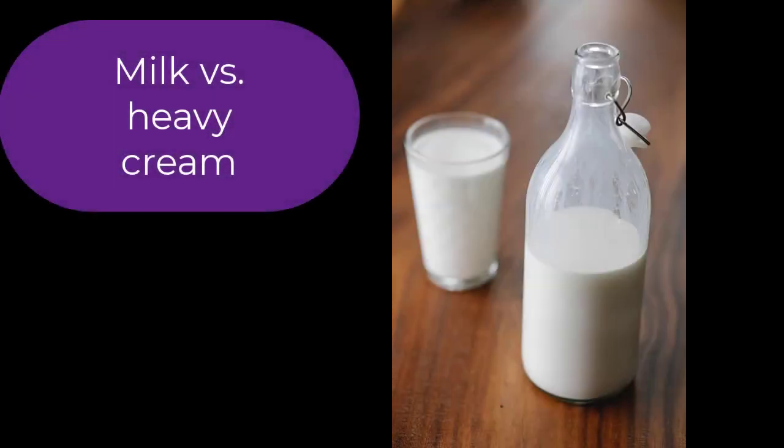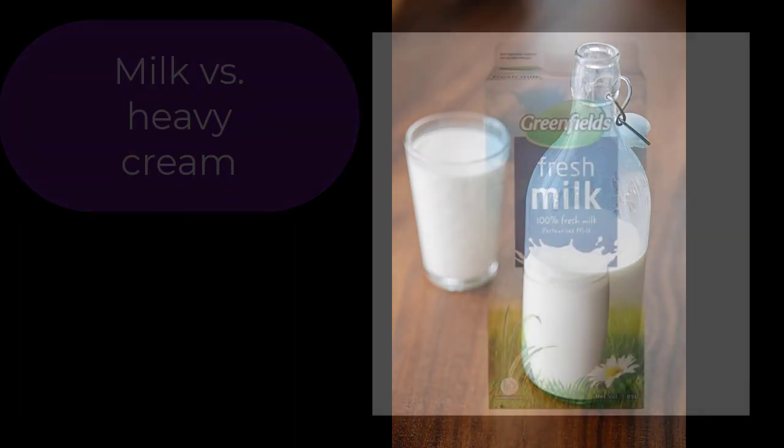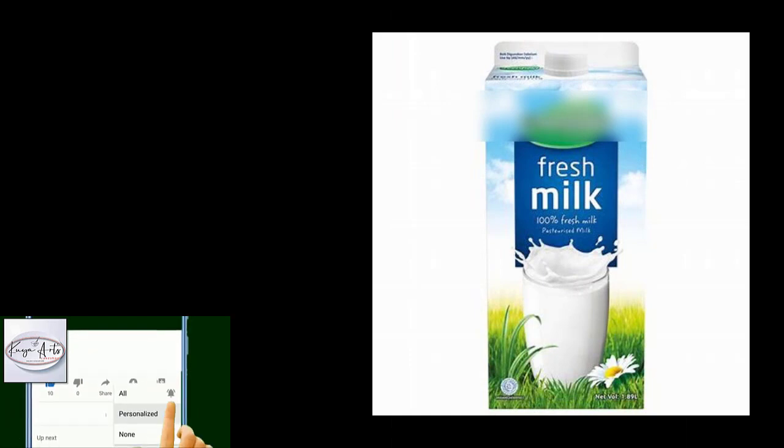Can you use milk instead of heavy cream or all-purpose cream? Yes, but make sure that you only use fresh milk. Remember to use room temperature milk, not cold milk.